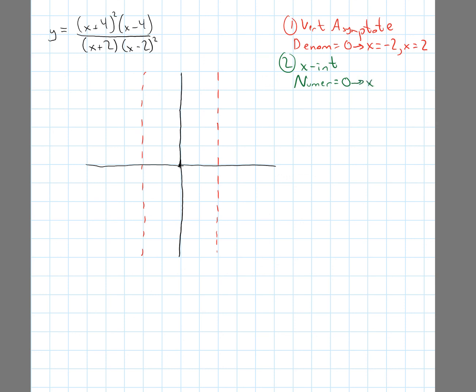Guys, I think for the most part, my technology has really improved. x equals 4 would make the numerator 0, or x equals negative 4. Important to realize this, x equals negative 4 is an option for 0 because of x plus 4, which is squared. So keep that in mind as we graph x equaling 4, x equaling negative 4.